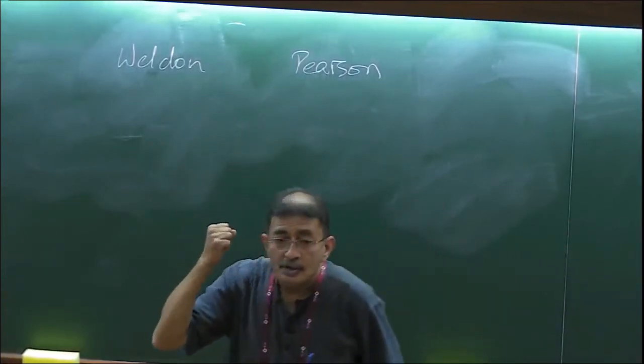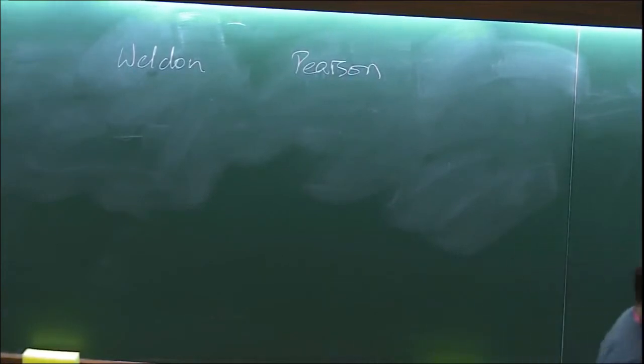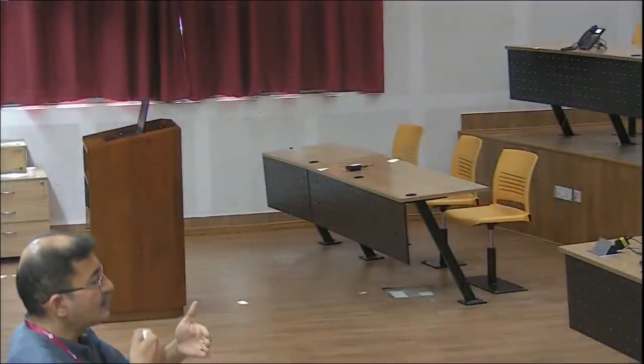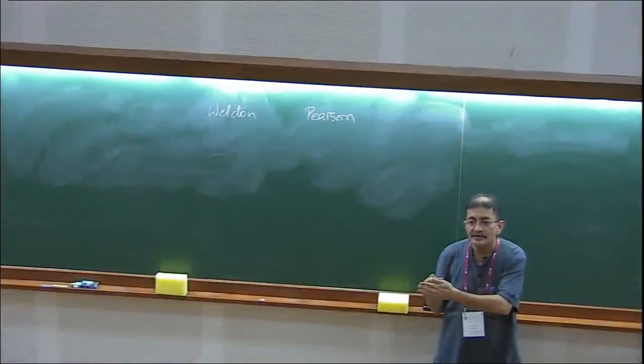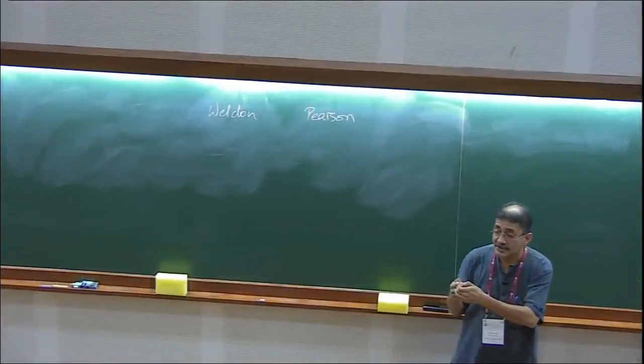Weldon was greatly inspired by reading some of Galton's papers and immediately realized, in line with what Galton was by that time preaching, that the way to analyze both heredity and selection was statistical.